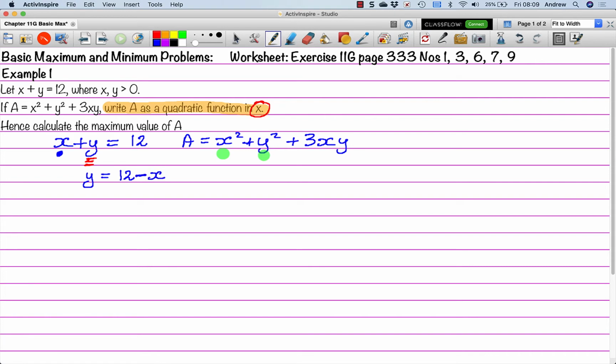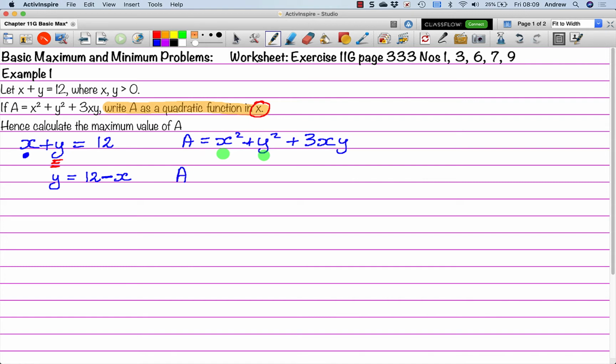And now we've made y the subject of the equation. And having done that, we can now use that on the second equation, A equals, which we're going to do now.